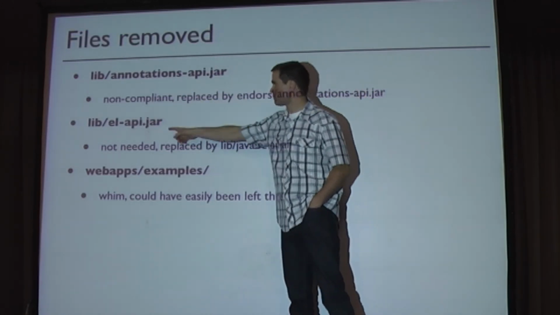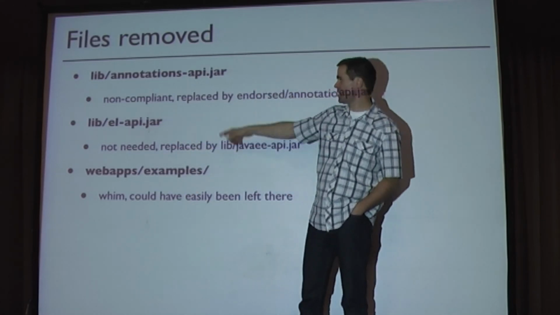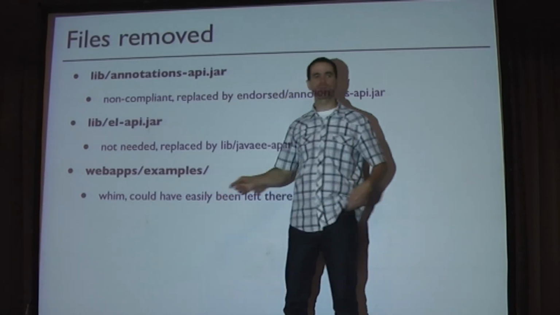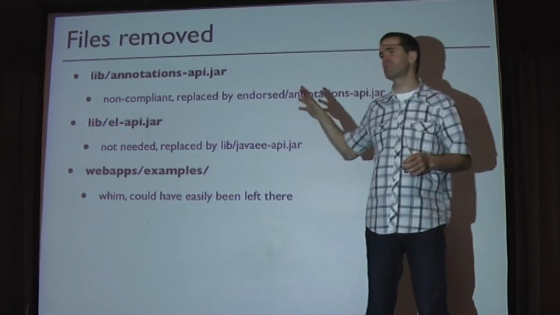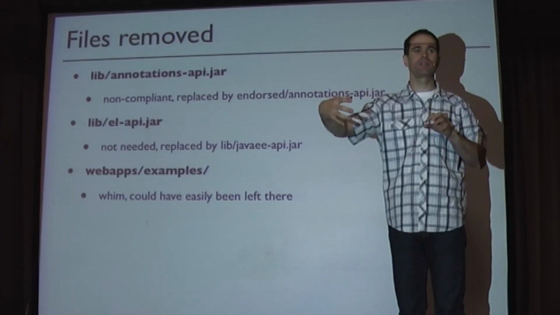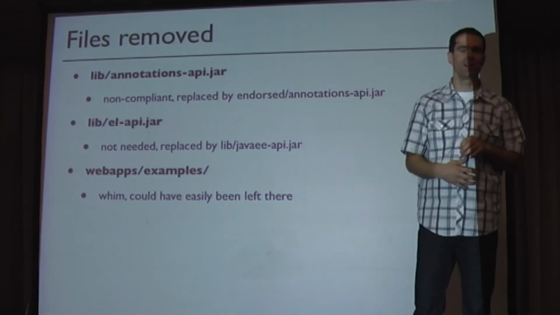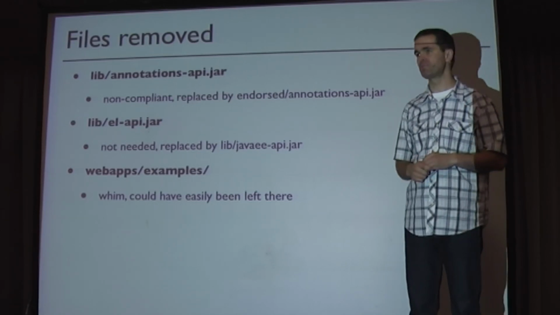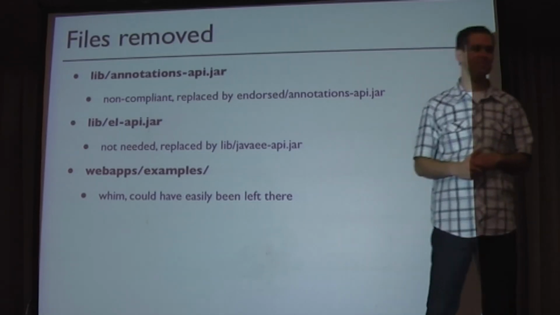So we replaced it. We replaced the EL API jar, and we removed the examples web apps. We could leave them here, but then it would expand the size of the package, and some people would say it's over 50 megs, so I don't need it. So we remove the examples.